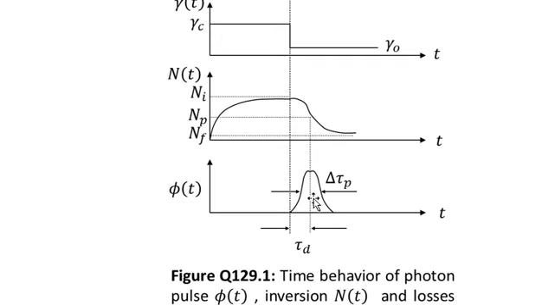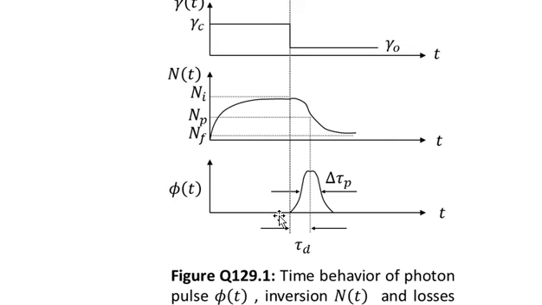If you extend this vertical line from the photon pulse, the corresponding inversion is Np. Nf is the final inversion, that is, when the photon pulse has completed, the corresponding inversion is Nf.